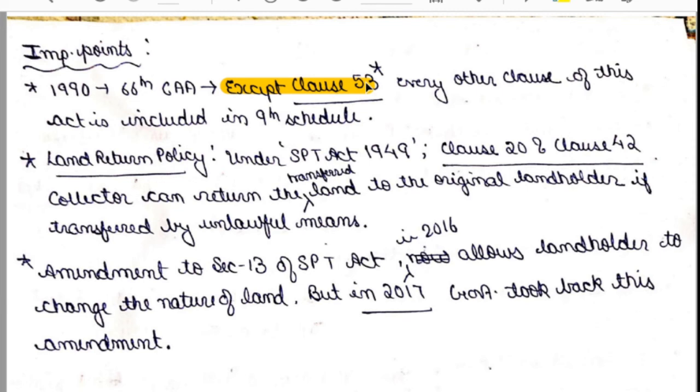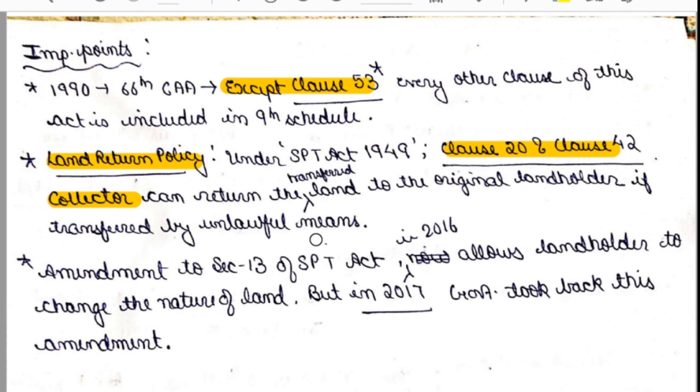Okay. Now in the Santhal Pargana Tenancy Act, we also have a provision of land return policy. Under clause 20 and clause number 42, the collector, or in Jharkhand we pronounce this as deputy commissioner, can return the transferred land to the original landholder if transferred by unlawful means.